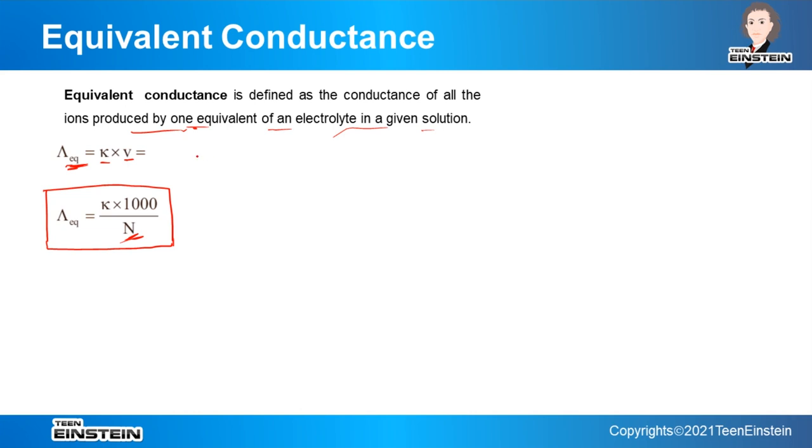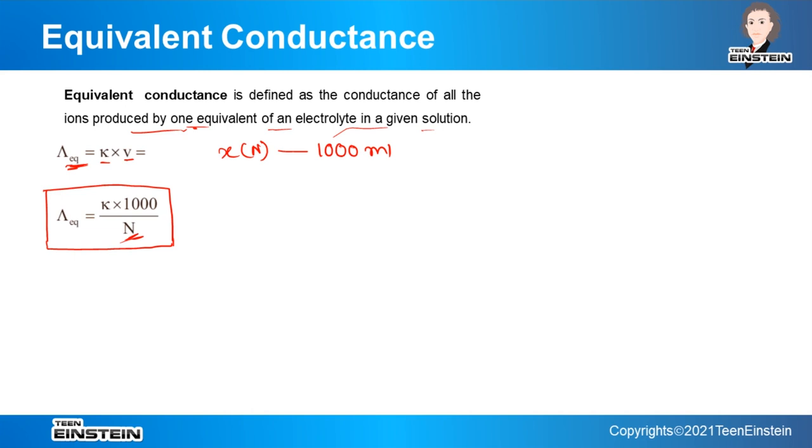Suppose the concentration of the solution is given in terms of normality, say it is X normal solution. What will you say? X equivalent of the electrolyte is present in 1000 ml, according to the definition of normality: the number of equivalents of the compound present in 1 liter or 1000 ml.